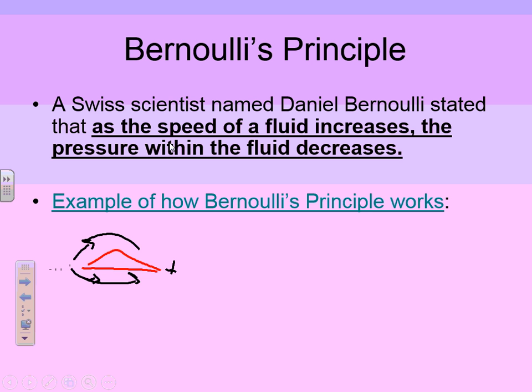It's going to take longer to go over the top. Well, if it's going to take longer, the speed of the air on top has to be faster. If we follow Bernoulli's principle, as the speed of a fluid increases, which is what it's doing on top of the wing, the pressure decreases. So we're going to have low pressure on top of the wing and greater pressure underneath the wing, and it's going to create lift.